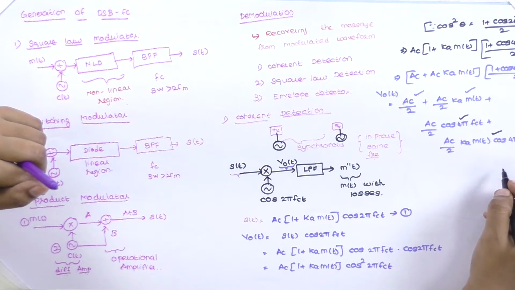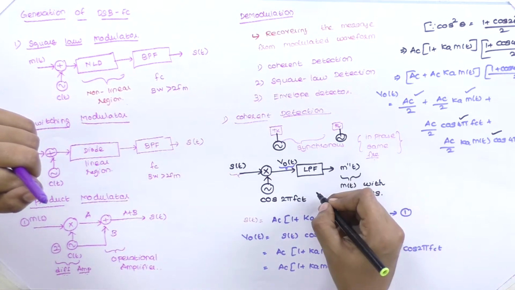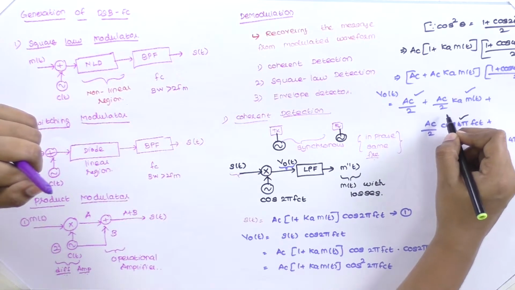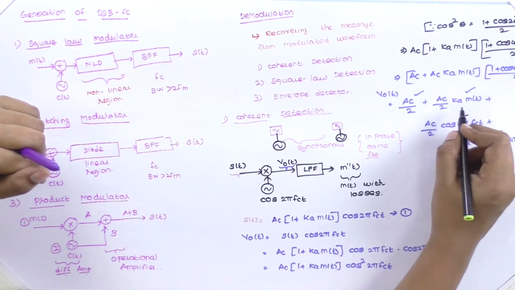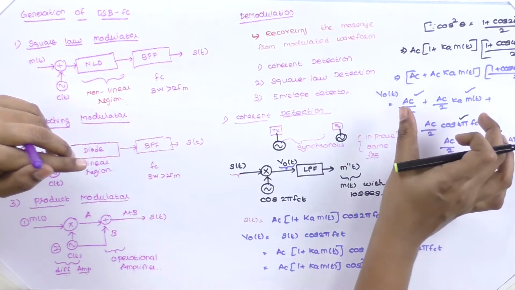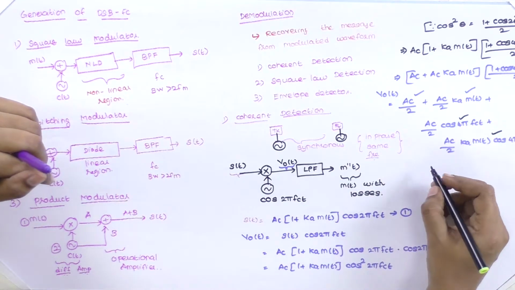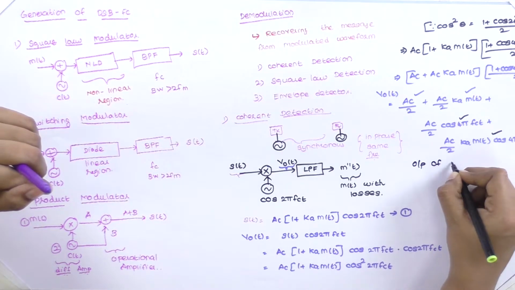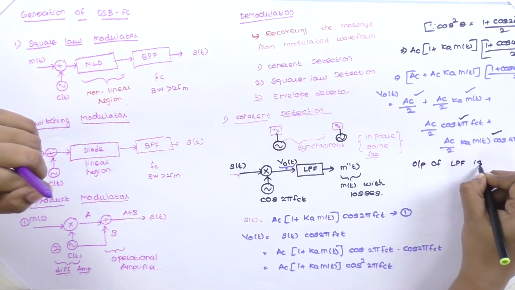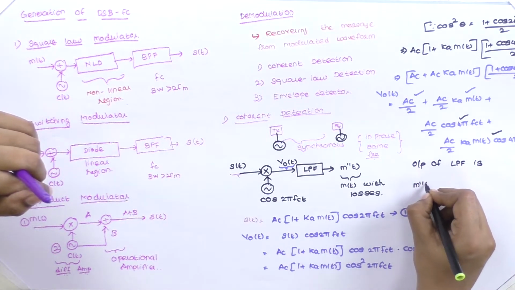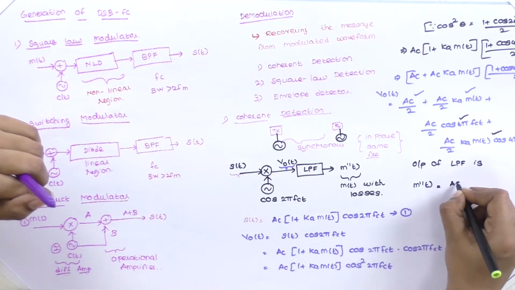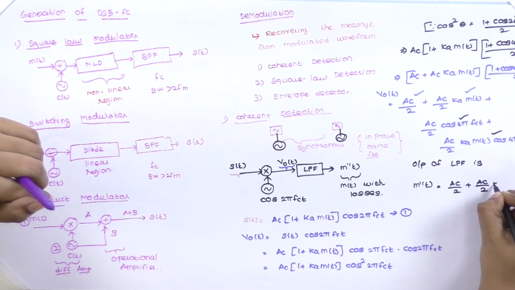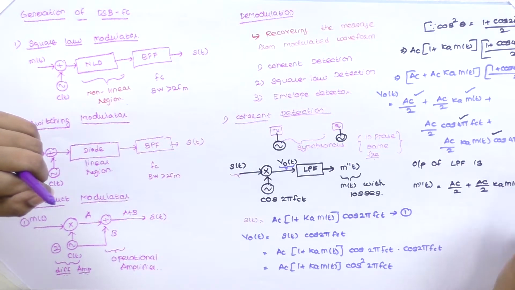Therefore, the high frequency terms will be attenuated by the low pass filter, and only our DC term and the second term, Ac by 2 Ka into m of t, which consists of the message signal, will be passed through the low pass filter. Therefore, the output of the low pass filter is m dash of t equal to Ac by 2 plus Ac by 2 Ka into m of t.